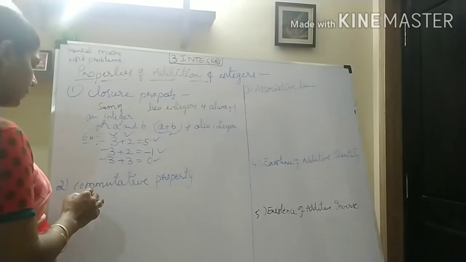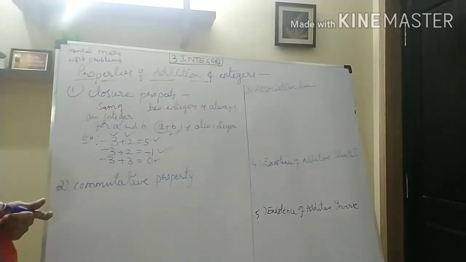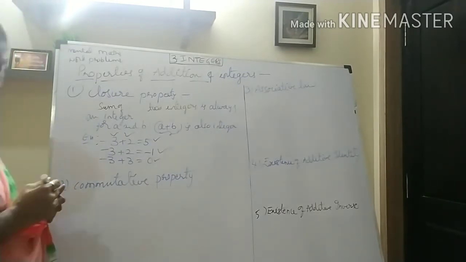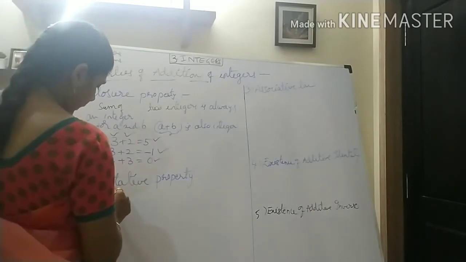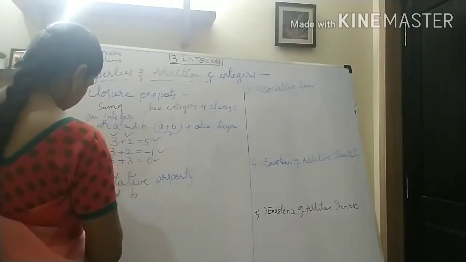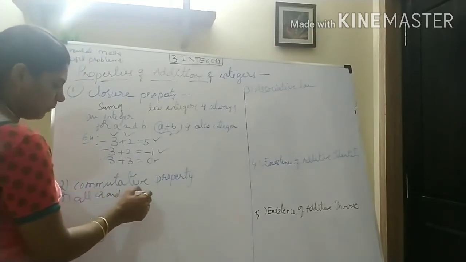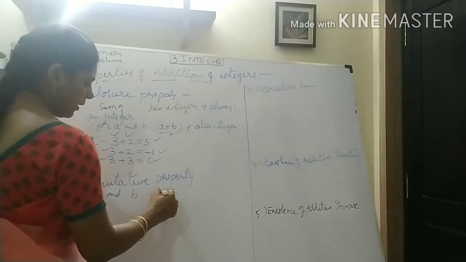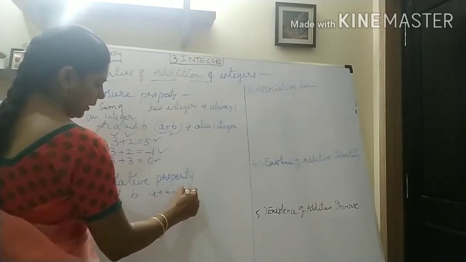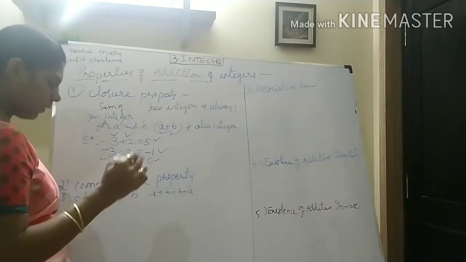See, commutative property. For all integers A and B, A plus B is equal to B plus A. See this with examples.